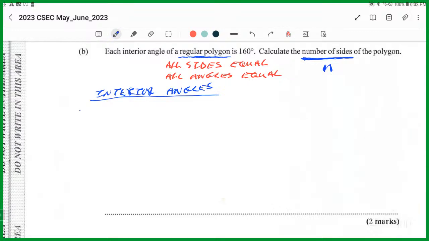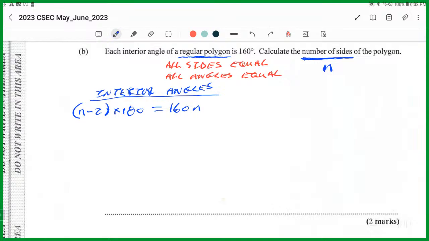So n minus 2 times 180, that will always be the total interior angle of any polygon, is equal to, for this one, 160 times n. Because it has n angles and each of them is 160. So you start this equation and you're finding the number of sides.